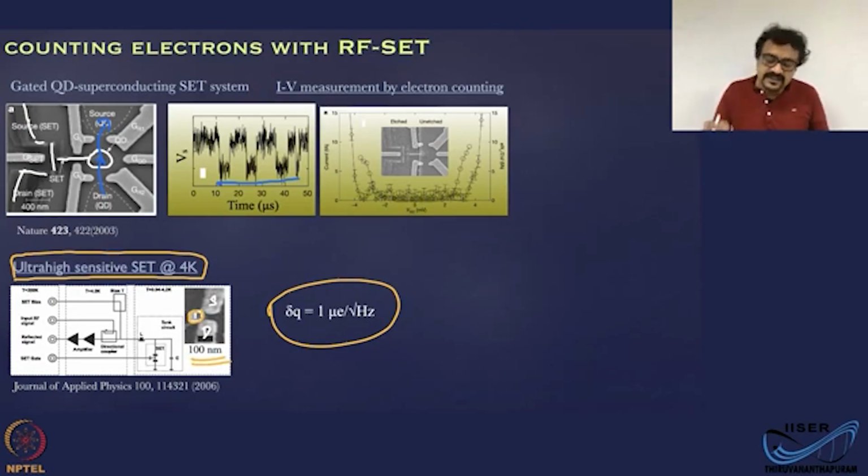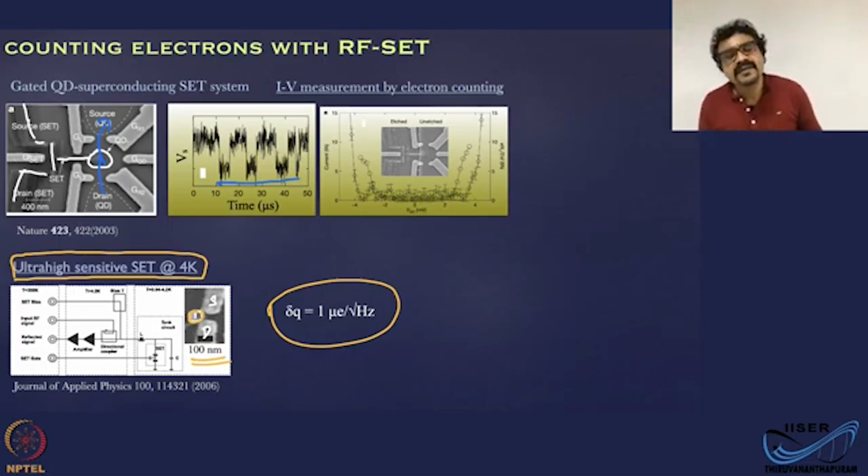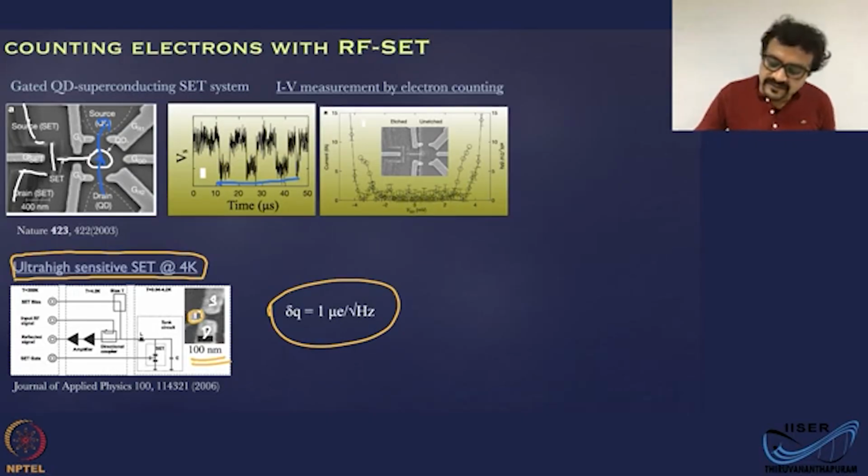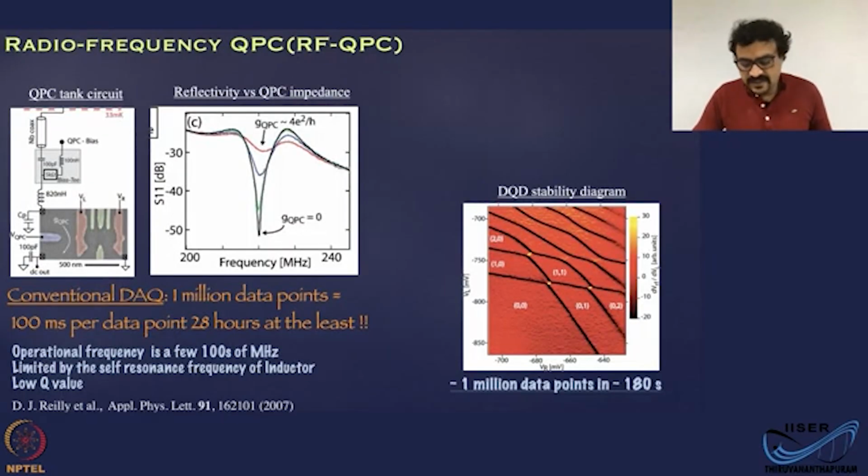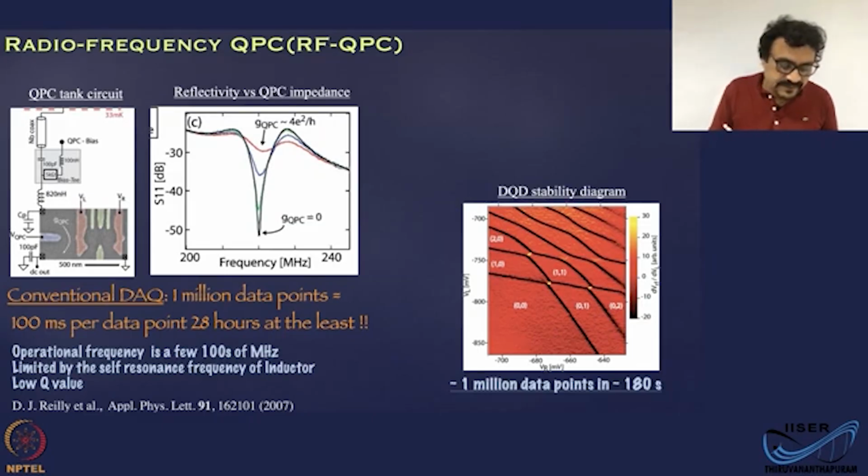So that is the story with the radio frequency single electron transistors. Now the same strategy can be applied to quantum point contact based sensors too, and that is what is done in this work, where you have a similar tank circuit.